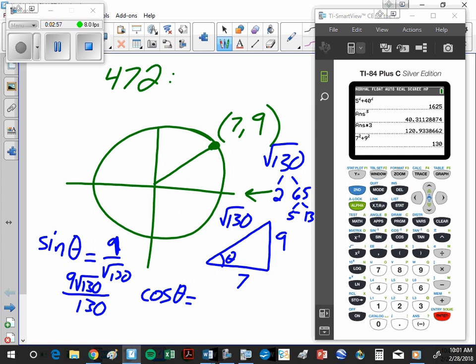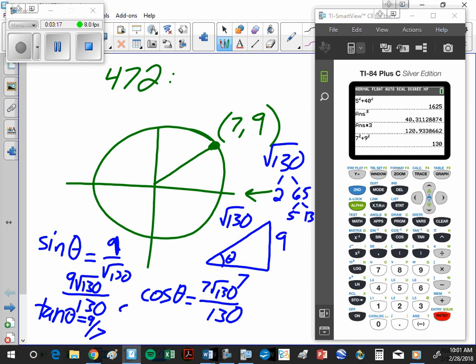So it's going to be 7 over root 130, which is 7 root 130 over 130. Okay, the tangent? 9 over 7. Okay, and then it says find all 6.